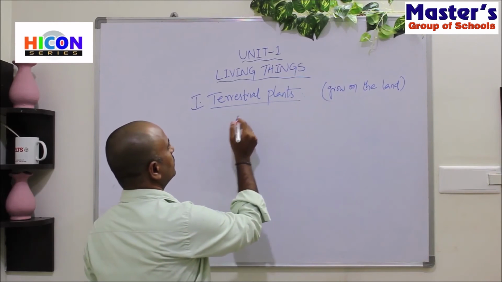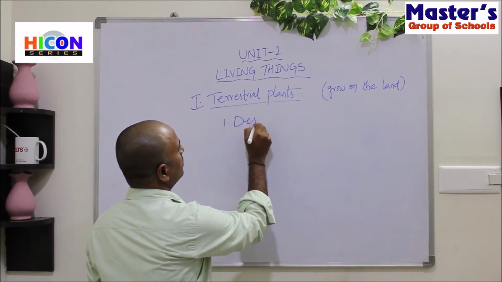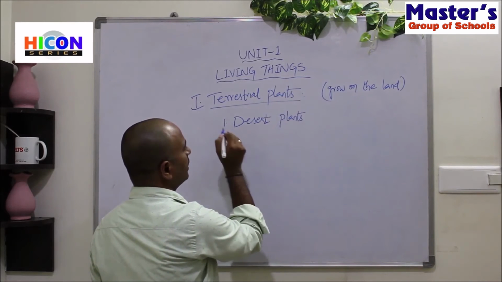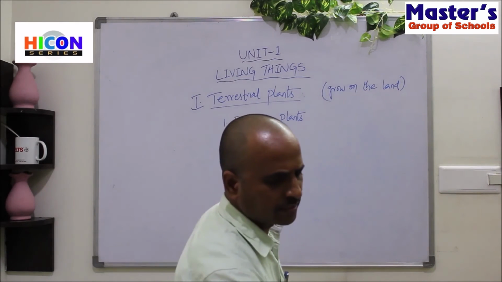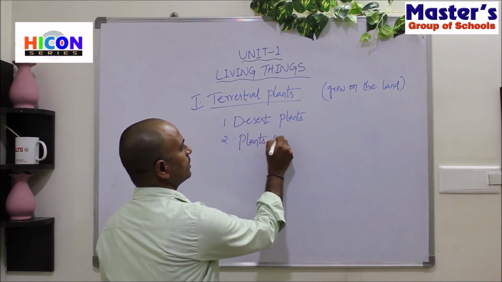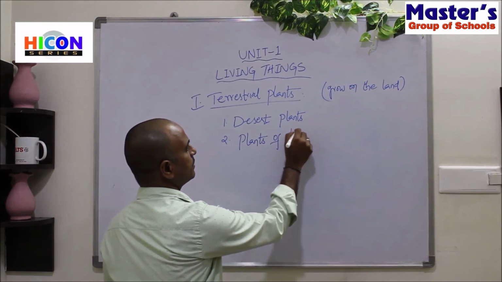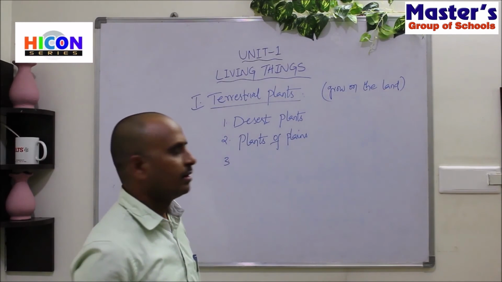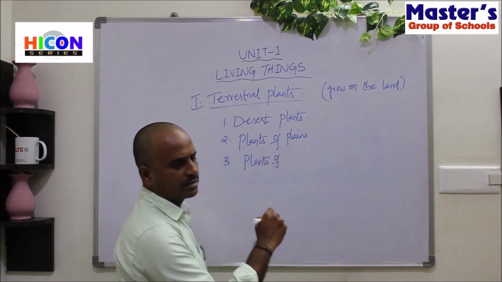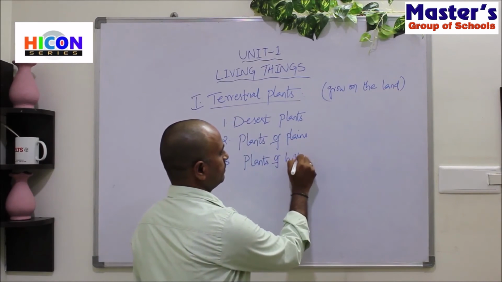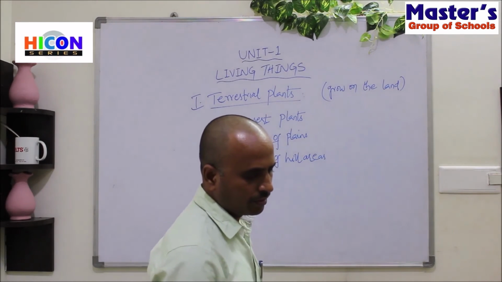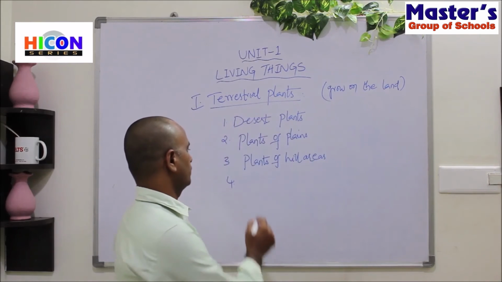The four types of terrestrial plants are: the first one is desert plants, the second one is plants of plains, the third one is plants of hill areas, and the fourth one is plants of marshy areas.